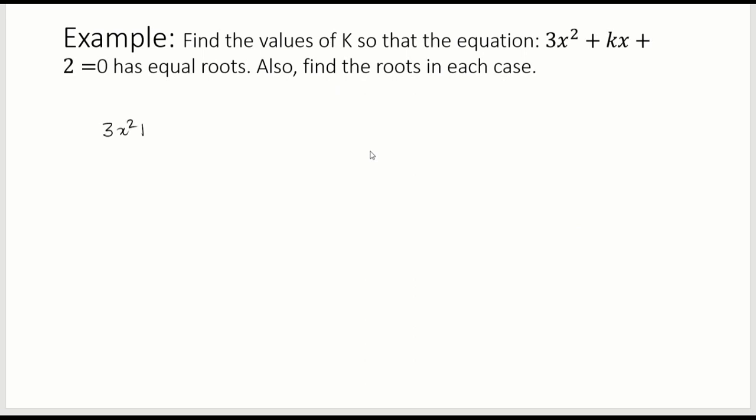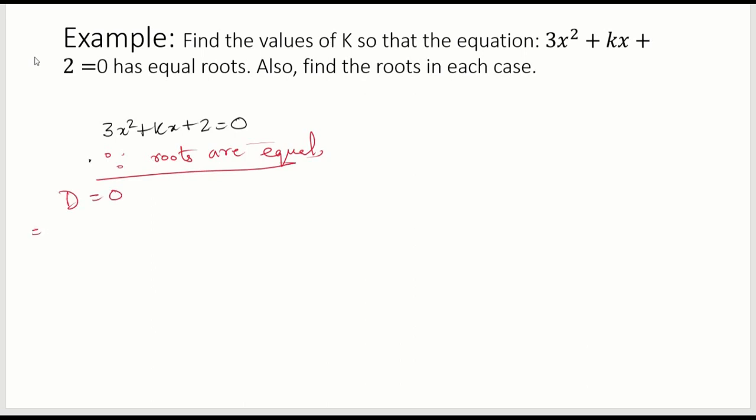It's 3x squared plus kx plus 2 equals 0. Since the roots are equal, what do we get? We get d equals 0, right?